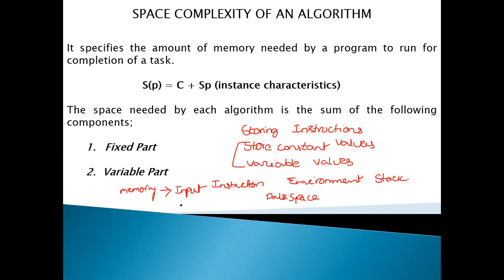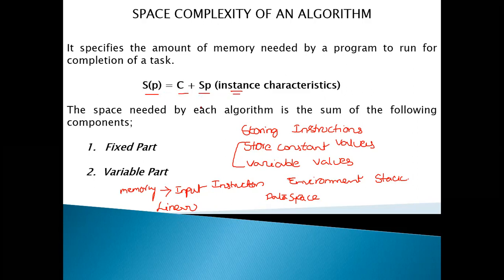If the number of inputs is decreased, then the memory required to store the values will decrease. This is known as linear space complexity. The space complexity calculation is C plus SP, where SP means the instance characteristics.